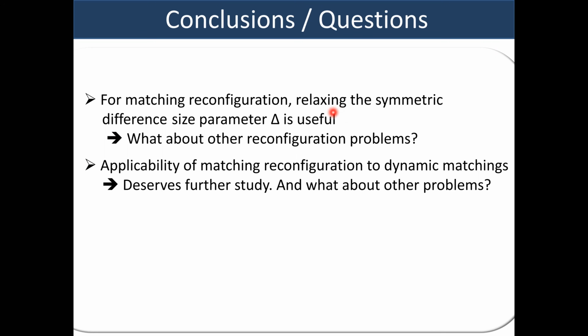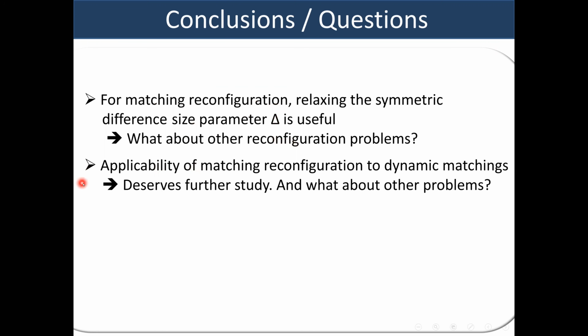First, we saw that relaxing the parameter delta, which controls the symmetric difference size between consecutive or adjacent configurations, is very useful. It's useful for the matching reconfiguration problem, but maybe it's also useful for other reconfiguration problems.